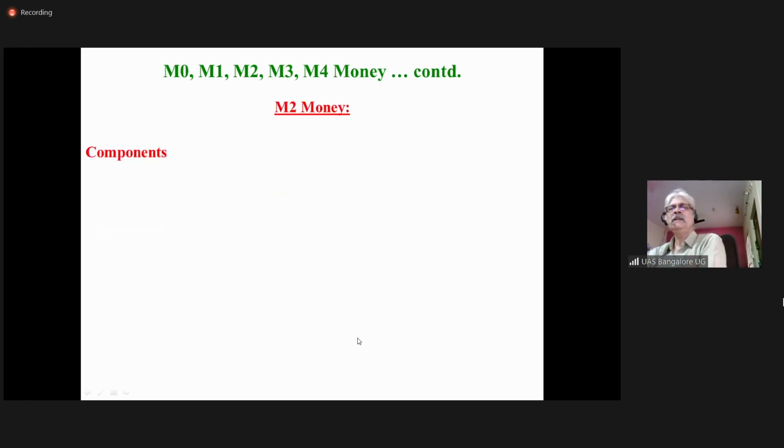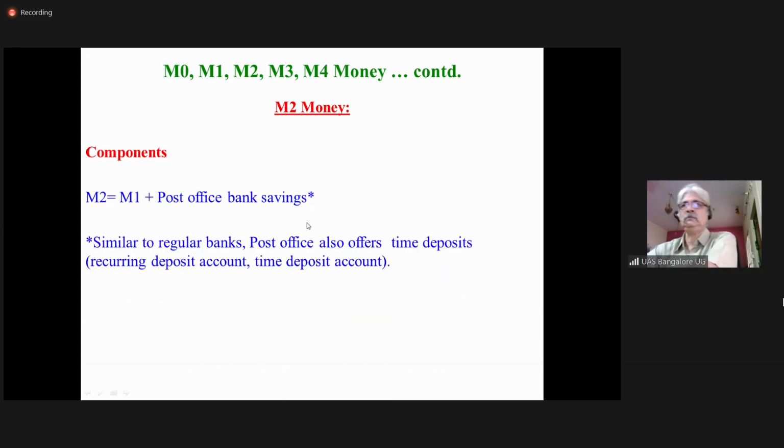Then M2 money. M2 money is M1 money plus post office bank savings, savings made by people in post office accounts. Note that, similar to regular banks, the post office also offers time deposits, recurring deposit accounts and so on.